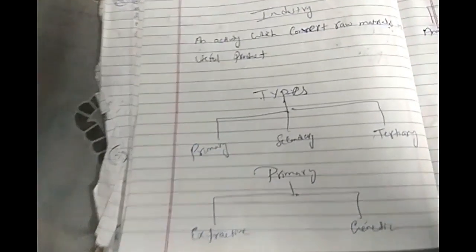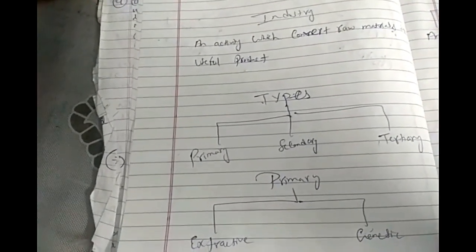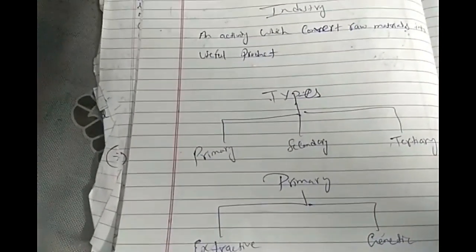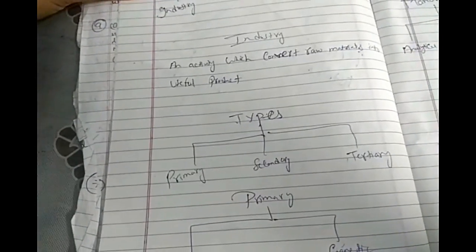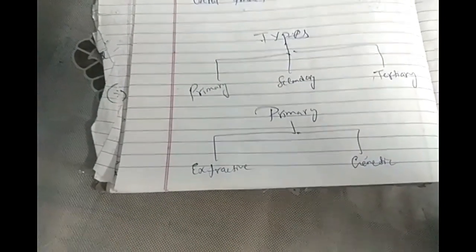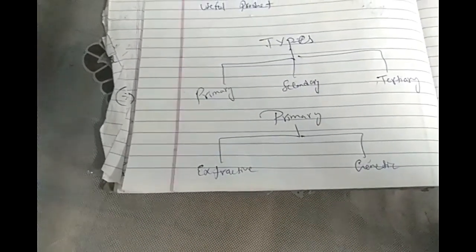That is clear. Now I am going to tell you the types of industries. There are three types of industry: primary industry, secondary industry and tertiary industry. One by one we are going to understand. First, primary industry.